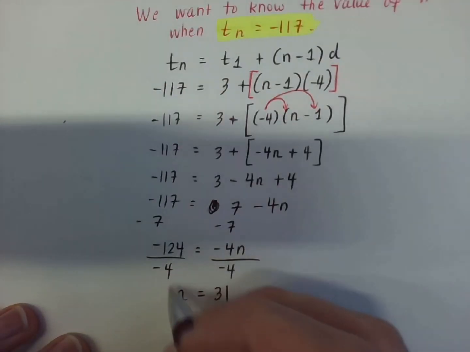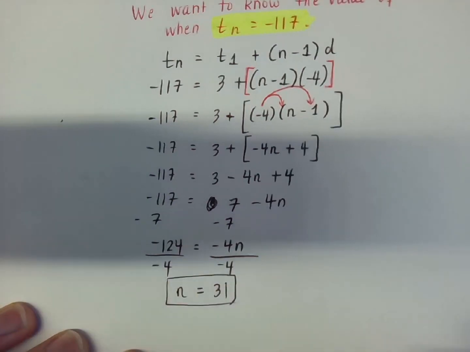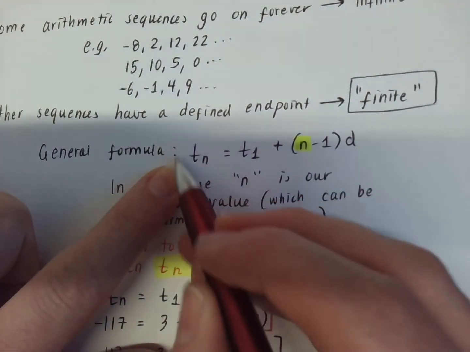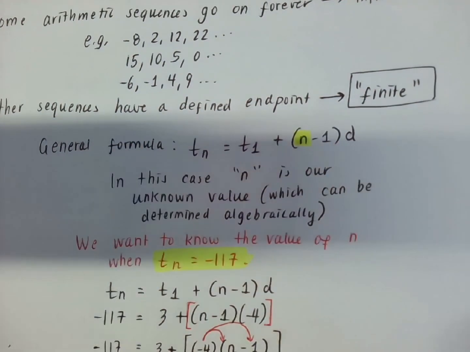Yeah, 31. So whatever our unknown is, as long as we just have one unknown in this formula, we can solve for that one unknown algebraically.